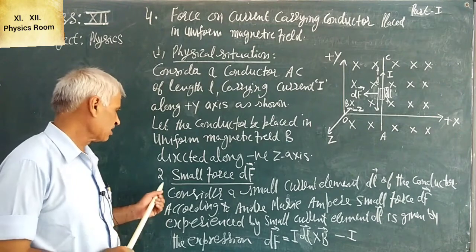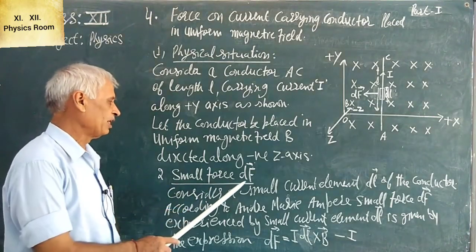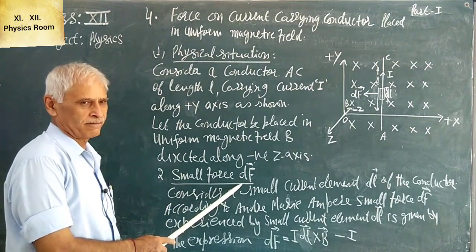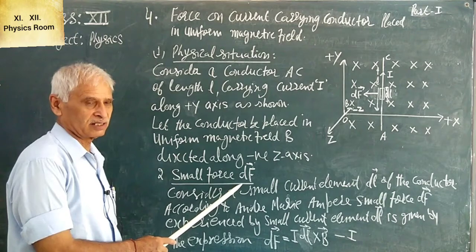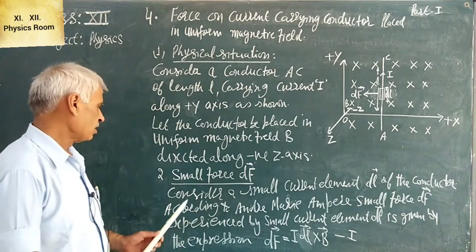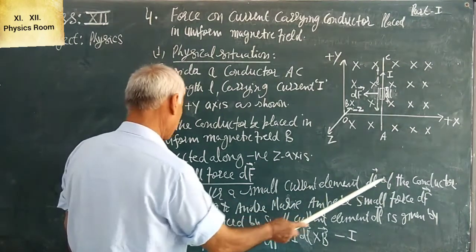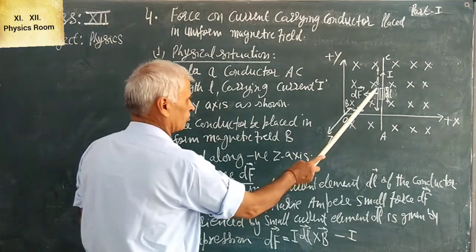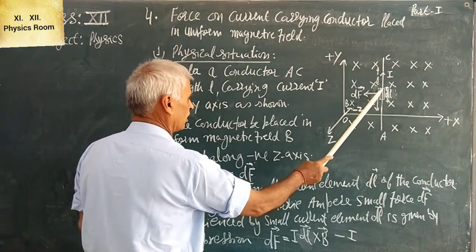Now in the second step, we come to the small force dF experienced by a small current element dl of the conductor. Consider a small current element dl of the conductor.